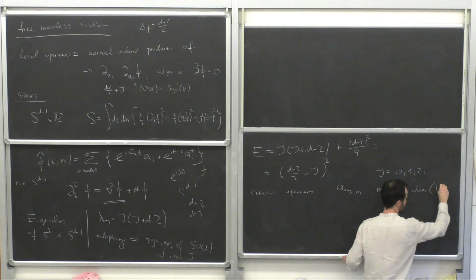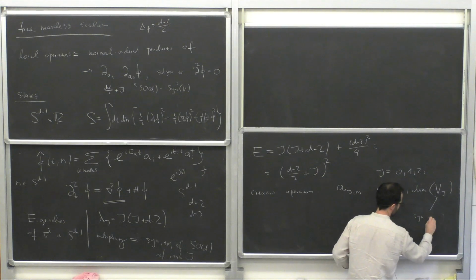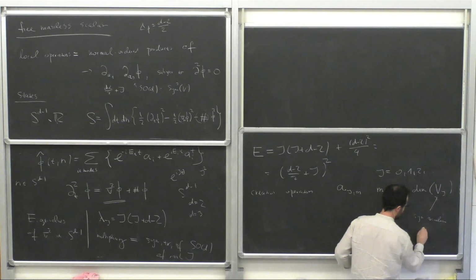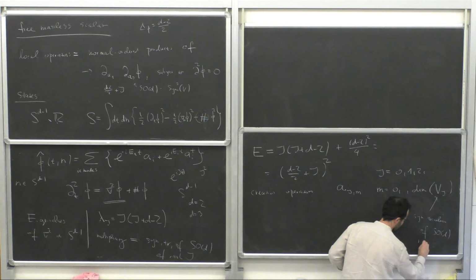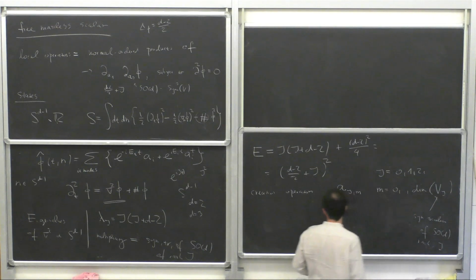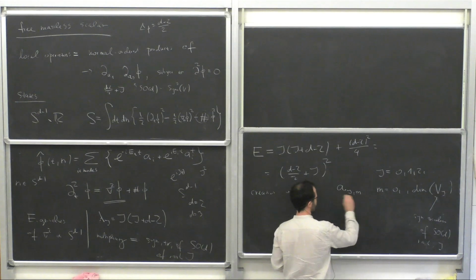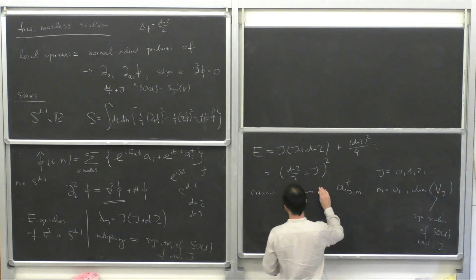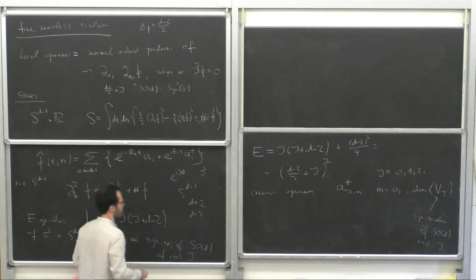Let me just call it V_j. So this is the symmetric traceless representation of SO(d) of rank j. Okay, so this is the complete set of creation and annihilation operators. Well, sorry, these are the creation operators. Annihilation operators are just the Hermitian conjugates.